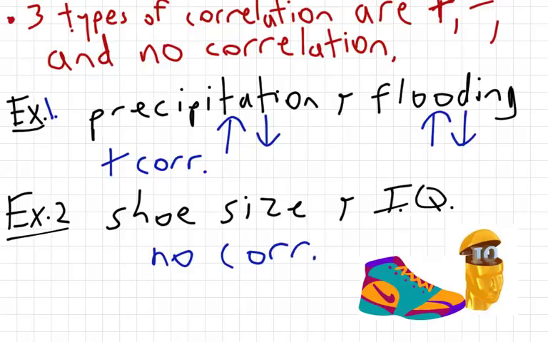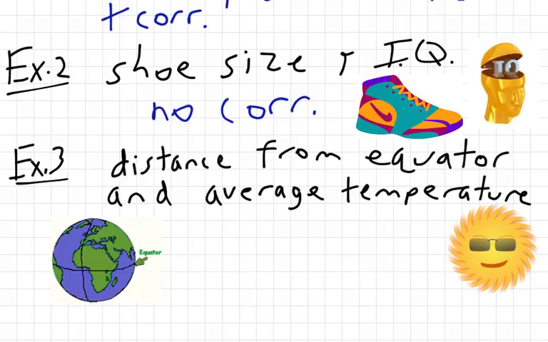All right, next example. Example 3, the distance from the equator and the average temperature. So think about it. The further you go away from the equator, let's say up here, what does that mean about your temperature? Well, that's going to be places like Alaska or maybe the North Pole or the South Pole. They're way colder, so the temperature is going to be lower.